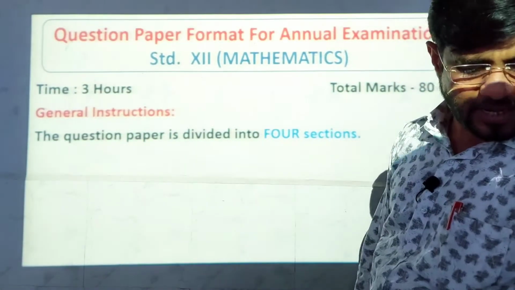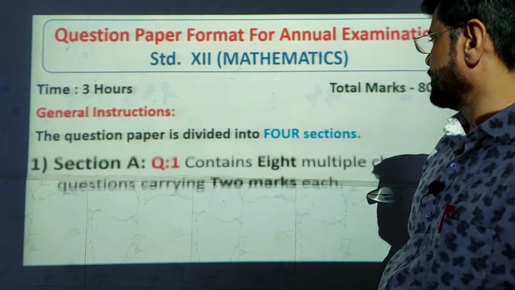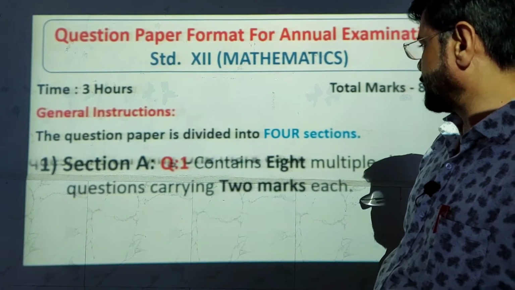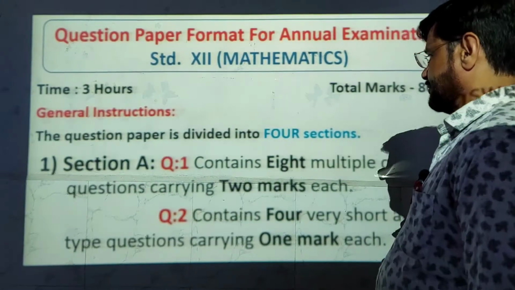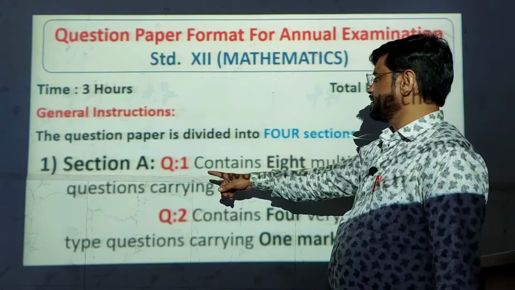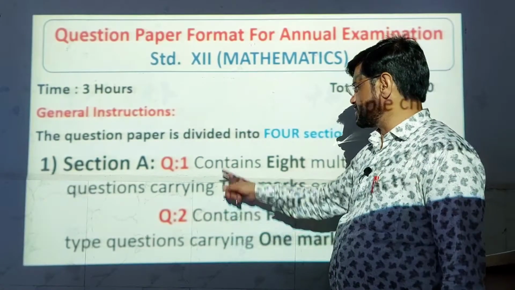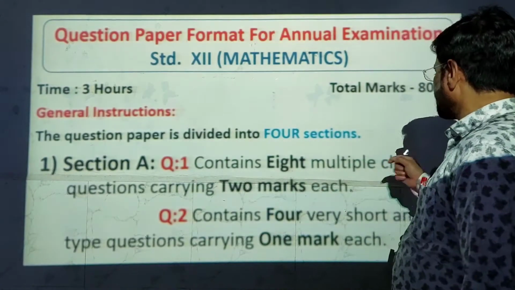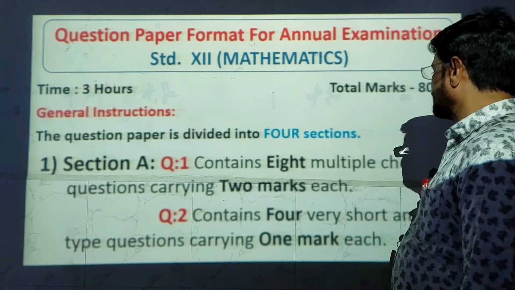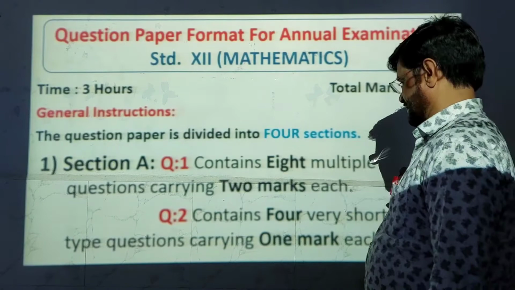That is section A, section B, section C, and section D. See, section A has 2 questions. Question number 1 contains 8 multiple choice questions, MCQ type, carrying 2 marks each.